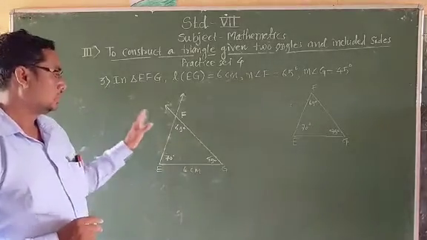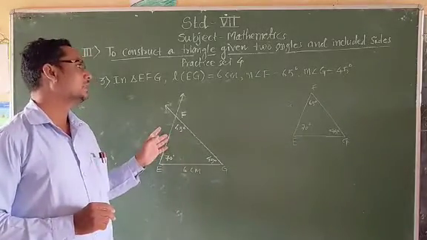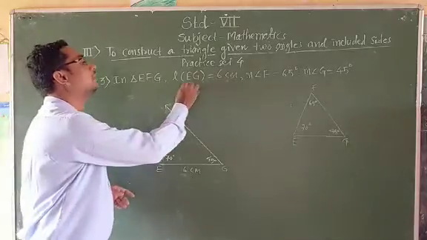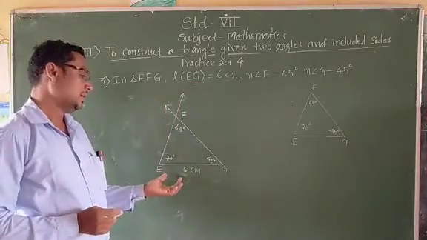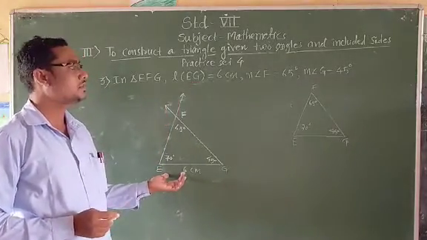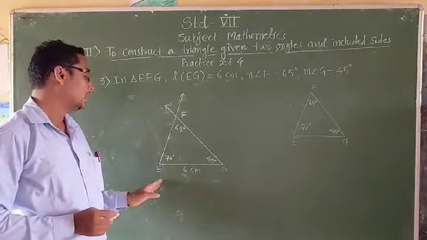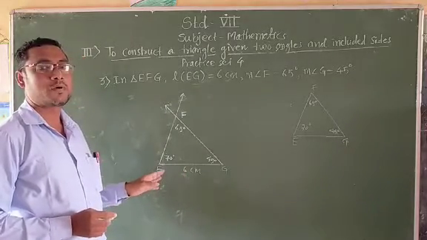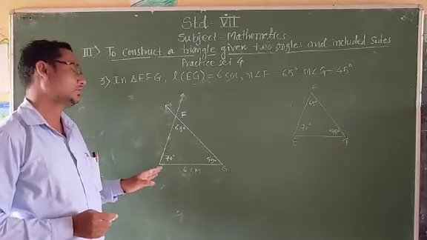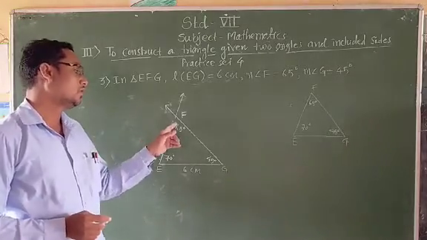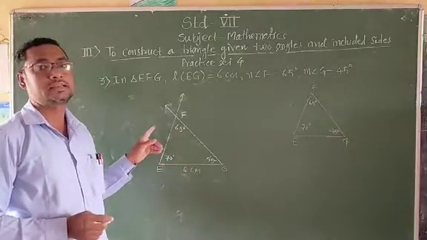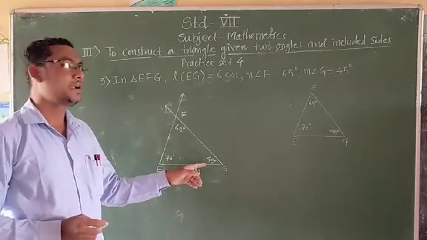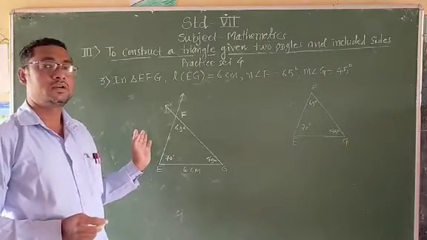Sometimes two angles are given, one length is given, but here EG is given, but angle is not given. So we find the angle E. So आपण angle E काढला by using the property of the angle sum. The sum of the measures of the angles of a triangle is 180 degree. Then we have to add the angles and subtract from the 180 degree.